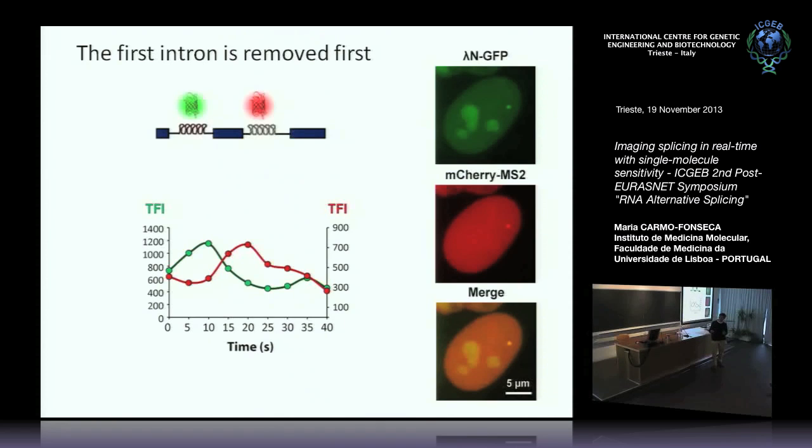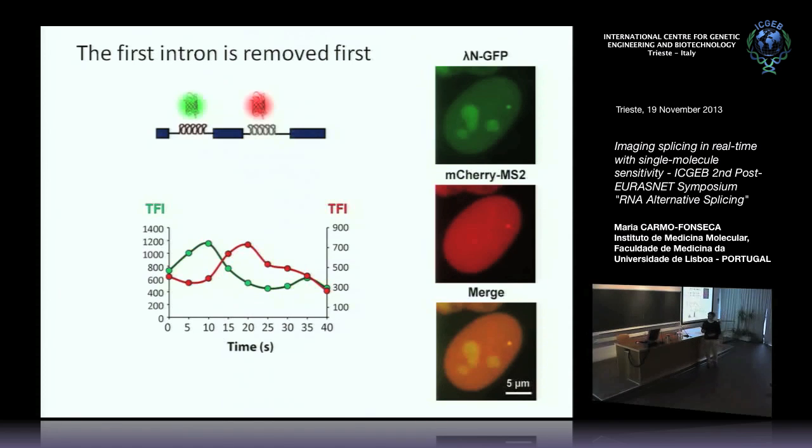But what is very nice is you can see the first intron being synthesized and spliced first, and then the second intron. And this again fits with previous biochemical data indicating that the second intron of beta-globin is spliced after the first intron.